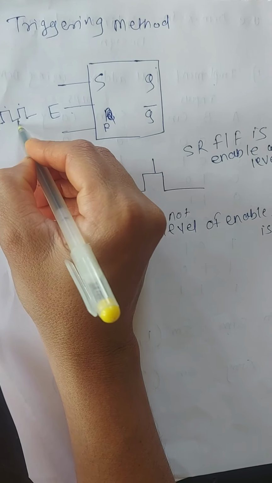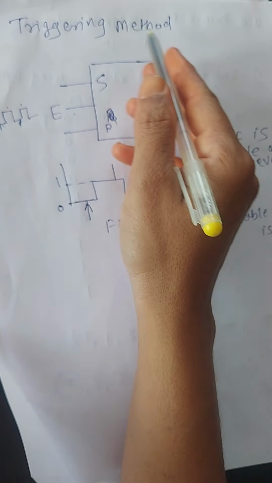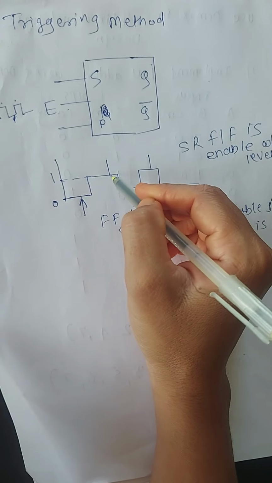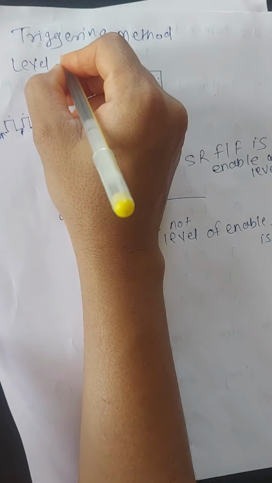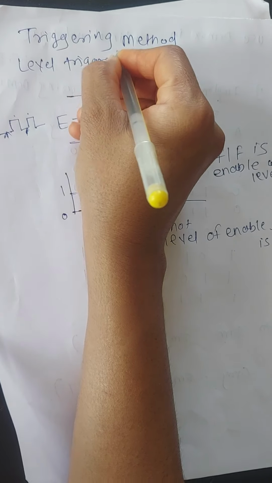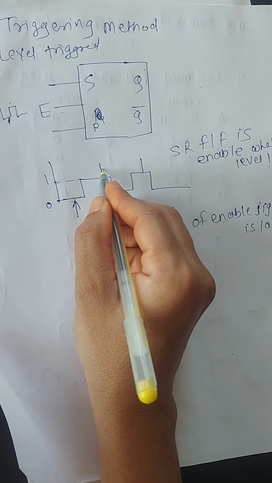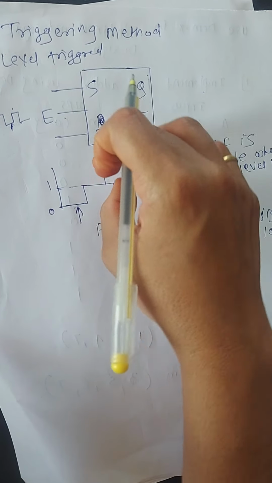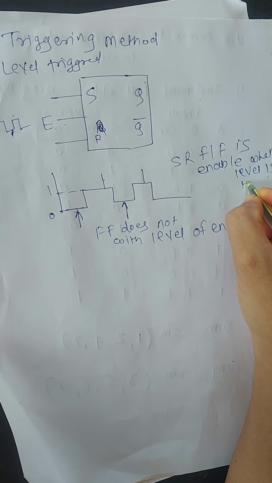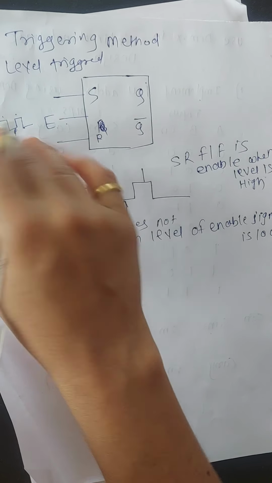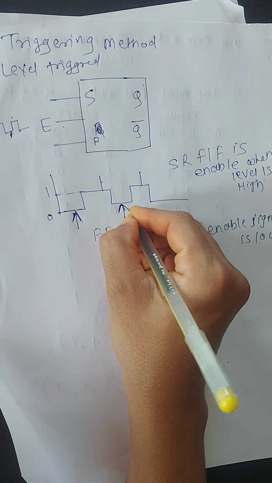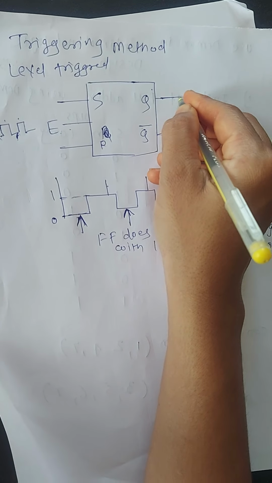When it is at low level, enable is 0, the flip-flop will not change its state. So for the level triggering method, the first triggering method, the flip-flop changes its output when the enable level is high, and when enable is 0, the flip-flop does not respond.